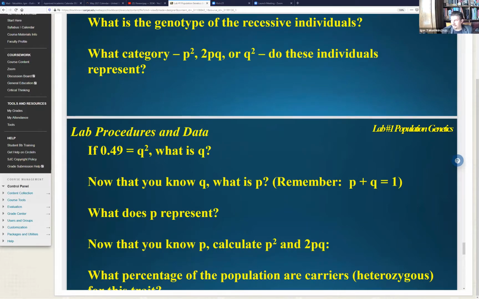And if we know that Q is 0.7 and we know that P plus Q equals 1, then P plus 0.7 equals 1.